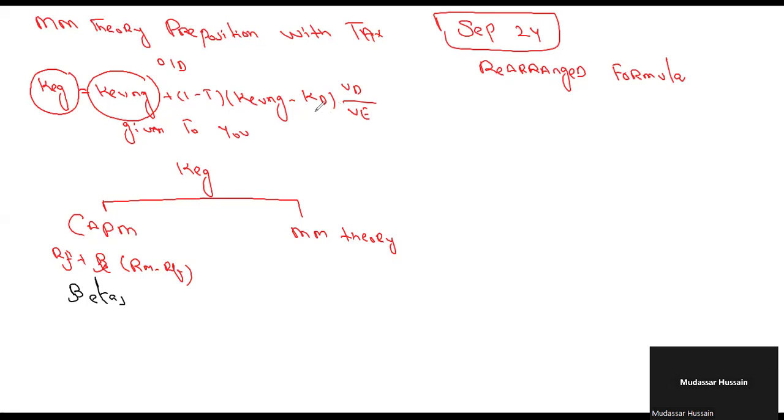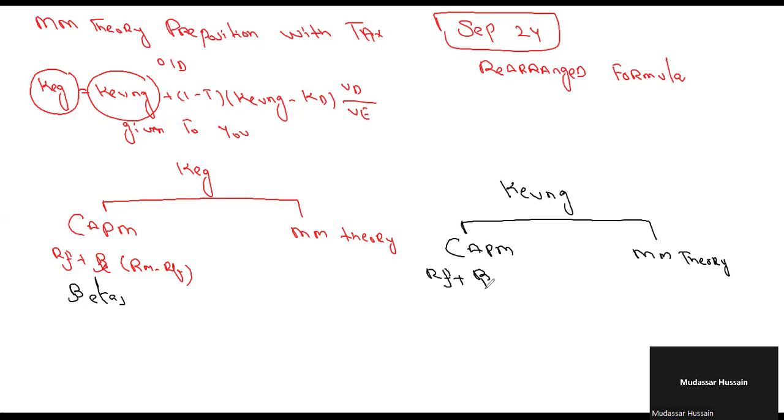Now, the geared cost of equity, I told you, can be computed by the CAPM and the theory. In the same way, if you have to compute the ungeared cost of equity, we can compute it with the help of the CAPM or with the help of theory. In the CAPM, what will be done? Risk-free plus beta into (RM minus RF).